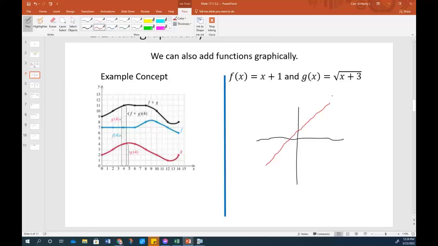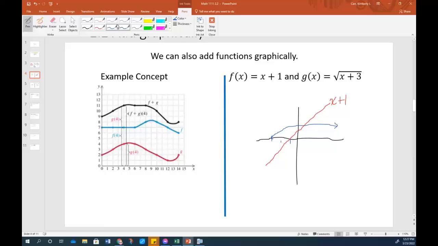So we're just going to say it looks like that for x plus 1. The square root of x plus 3 starts at -3, and then it ends up doing that.